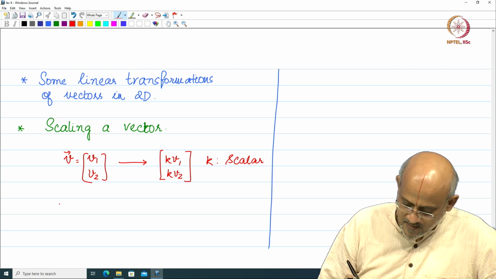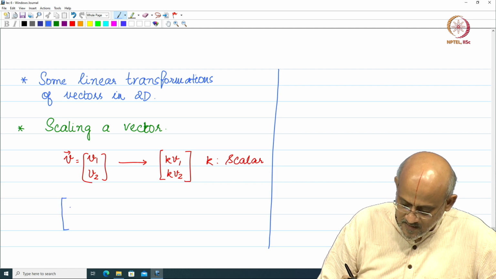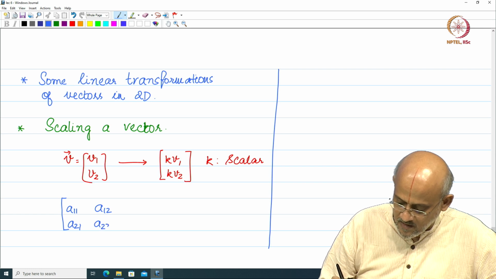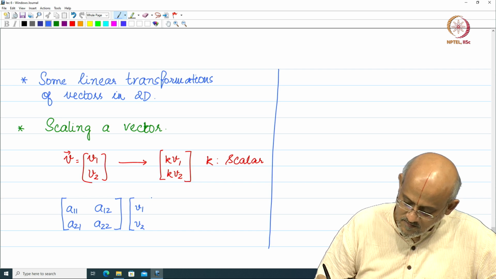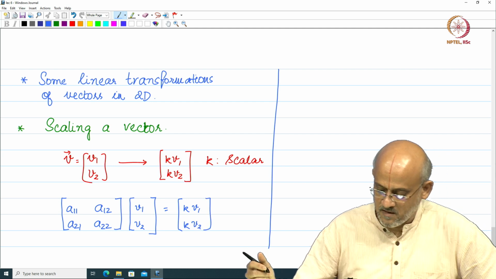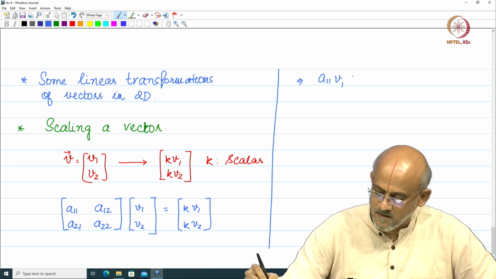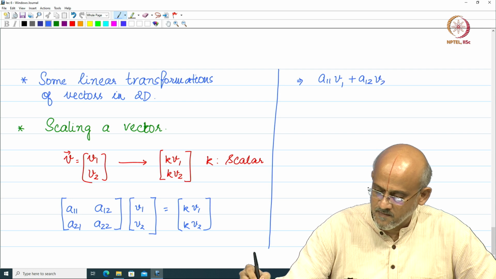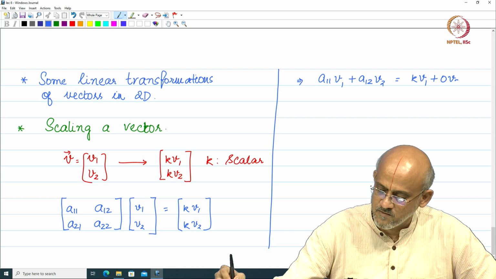So, we are going to look at that. I am going to say that let us say I have a matrix, I do not even know what that matrix is. I have a matrix which is let us say A11 A12 A21 A22, and this transformation acts on this vector to give this vector which is k v1 k v2, which means it is easy to see that we have A11 v1 plus A12 v2 is equal to k v1 plus 0 v2.